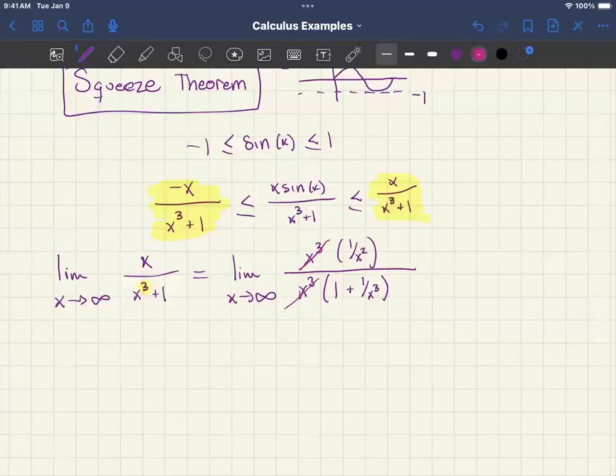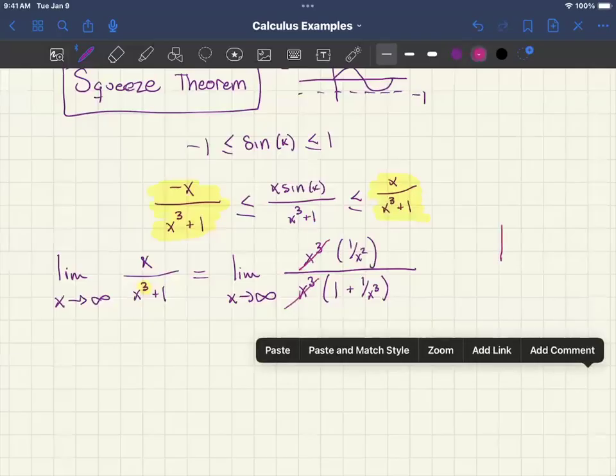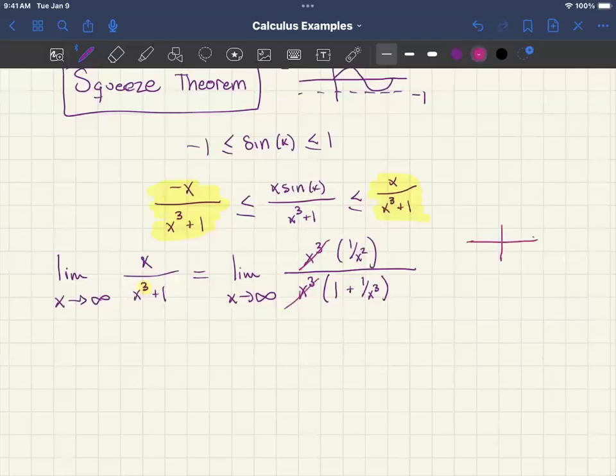over x cubed. Whenever we have something of that sort, keep in mind that this is one of the graphs that you should know. There's very few that you really need to memorize, but this is one of them: y is equal to 1 over x.